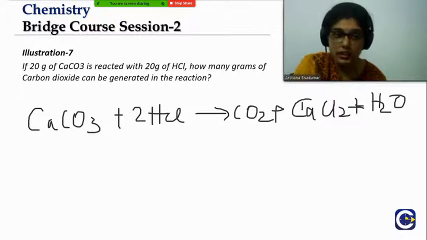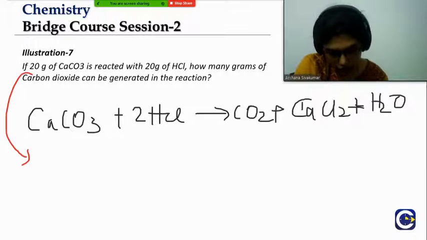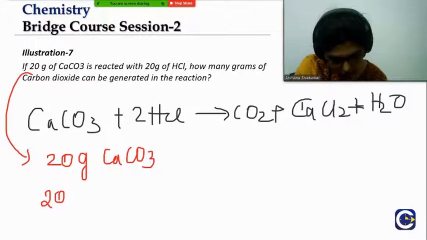Now we have balanced it. So now what we have to find out is the given quantities. 20 grams of CaCO3 is given and 20 grams of HCl is given.